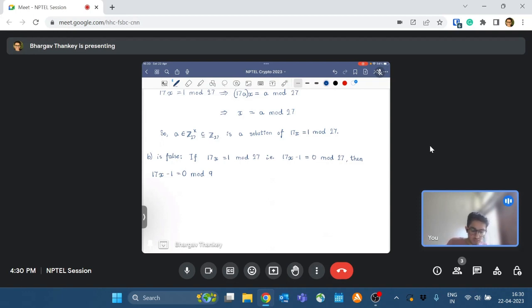So 17x minus 1 equals 0 mod 9. But since now I'm doing arithmetic mod 9, I can also reduce 17 mod 9. And 17 mod 9 is just minus 1, because 17 is 18 minus 1, right? So this implies that minus x minus 1 is equal to 0 mod 9.